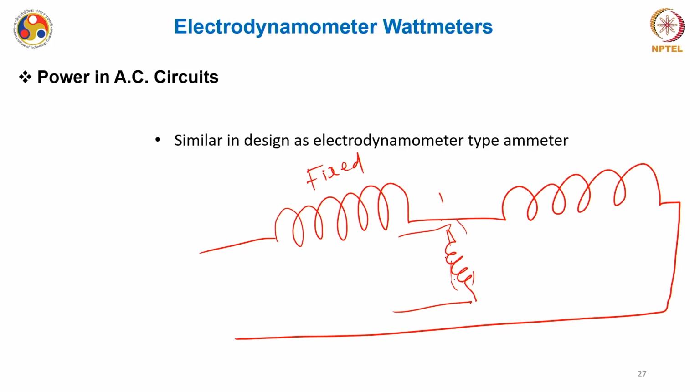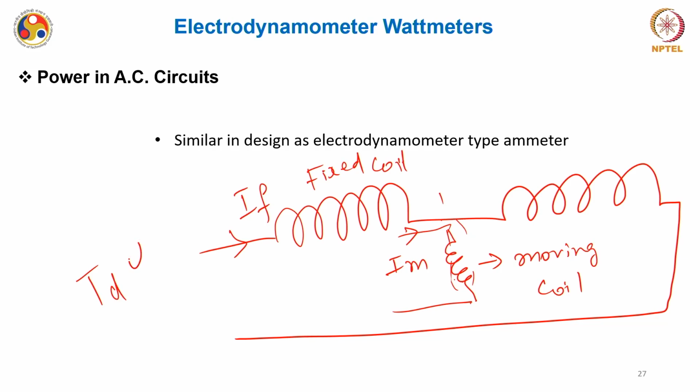If the current flowing through the fixed coil was IF and in the moving coil was IM, the deflecting torque was proportional to IF into IM.